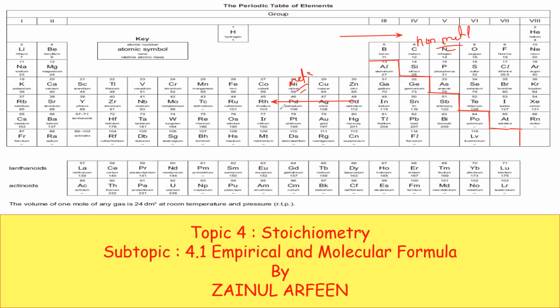The elements which you see on the left hand side, these are metals. And how they exist in nature: non-metals exist as a molecule, and metals exist as an atom.